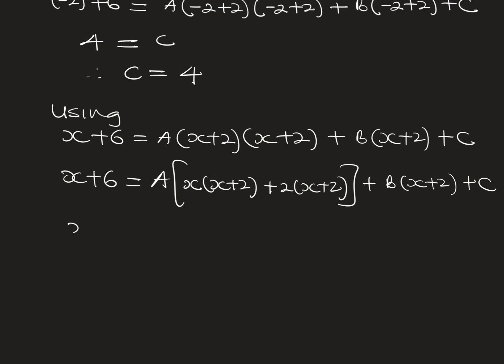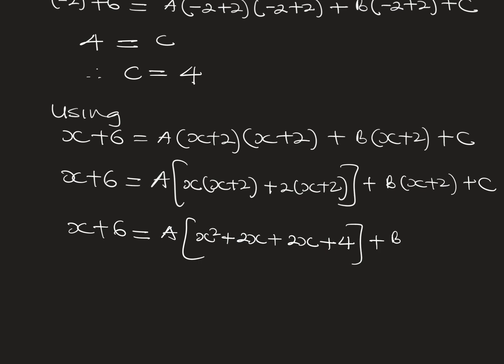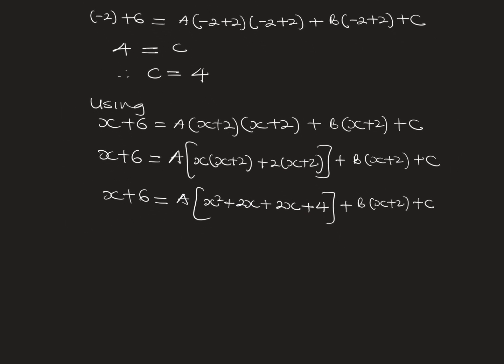So that will be x plus 6 is equal to a into x times x is x squared, plus x times 2 is 2x, plus 2 times x is 2x, plus 2 times 2 is 4, then plus b into x plus 2, plus c.